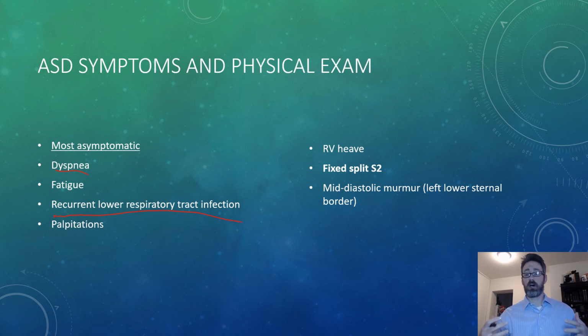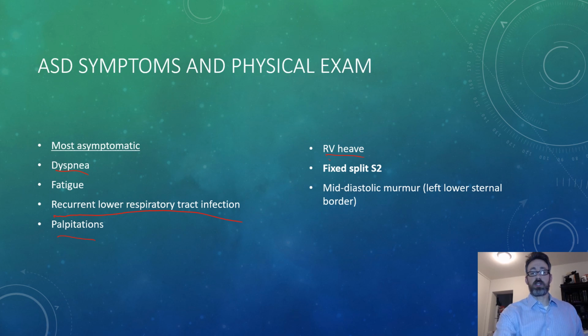Enlarging vessels can cause pressure on the lungs to cause atelectasis and collapse, and this all benefits infection. And finally, you can also get palpitations because as you distend or stretch through volume overload, you could affect the conducting system, and that can cause certain dysrhythmias.